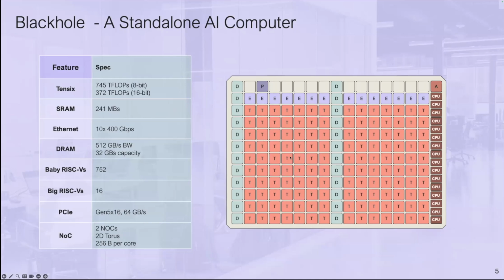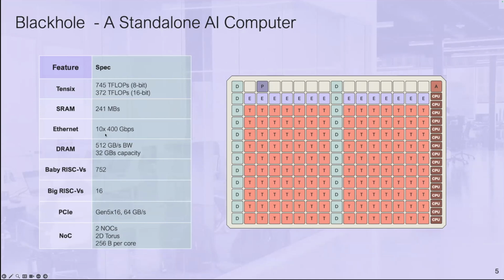The baby RISCs are mostly for the control path of your application within what I've denoted here as CPU cores. So your CPU cores are your big RISC cores that can run full-blown Linux, and baby RISC cores are running the control portion of your application within these other cores that we have here.